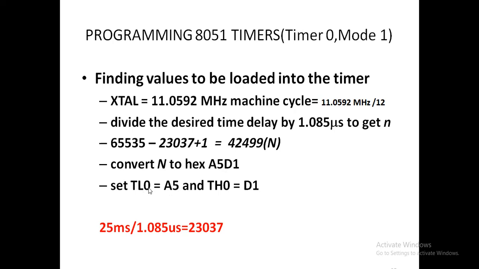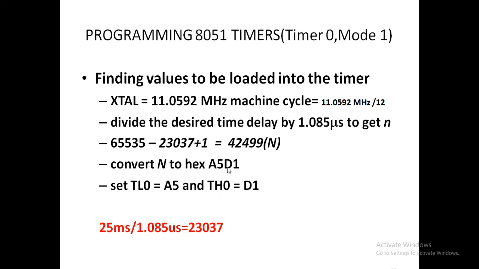In TL0 and TH0 we have to load the hexadecimal value. So convert this n, that is 42,492, to a hexadecimal number. You will get A5D1. So this is the lower byte, this is the upper byte. I made a mistake over here: the lower byte is D1 and the upper byte is A5.